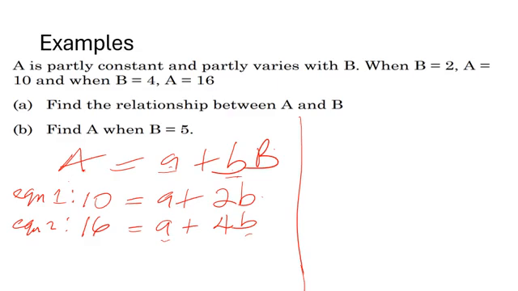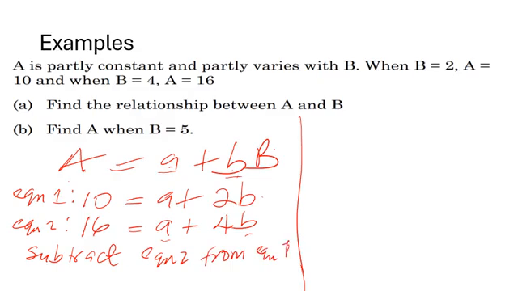For us to achieve this, we need to use simultaneous equations. In this case, we're going to use the elimination method. We're going to first eliminate a because they have the same coefficients here, so we can just subtract these equations. Subtract equation 2 from equation 1.